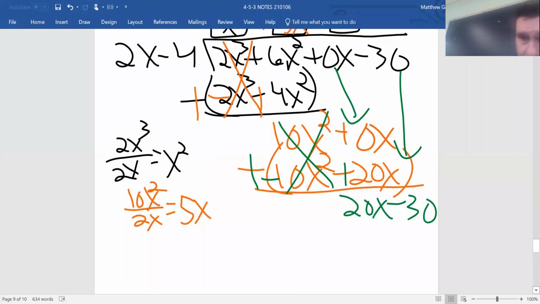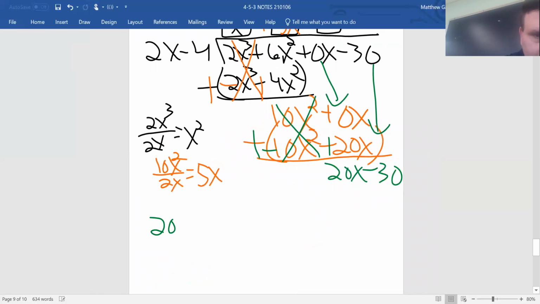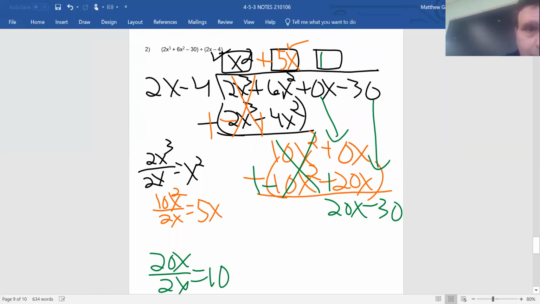That's 20x, and then you get to divide 20x by 2x, which is 10. 10 times 2x is 20x. 10 times negative 4 is negative 40. And then just change the operation.